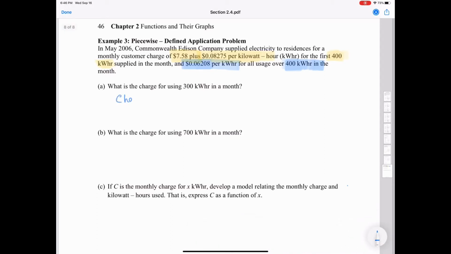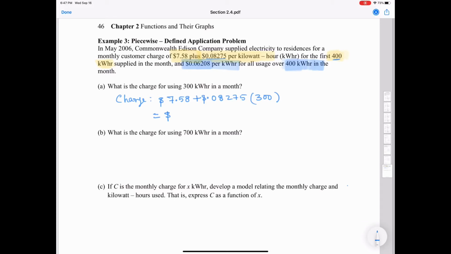The customer will be charged $7.58 plus 0.08275 times 300, because for up to 400 kilowatt hours, they will be charged this 0.08275. Now put this in your calculator, multiply 0.08275 by 300 and then add 7.58, and then that will be the amount. I want you to finish that.